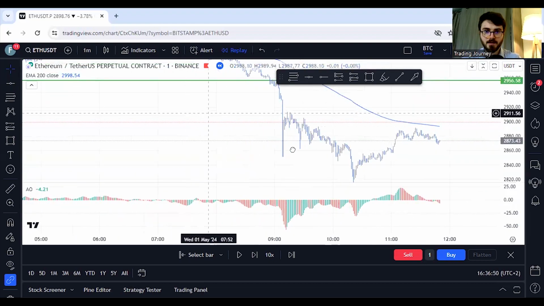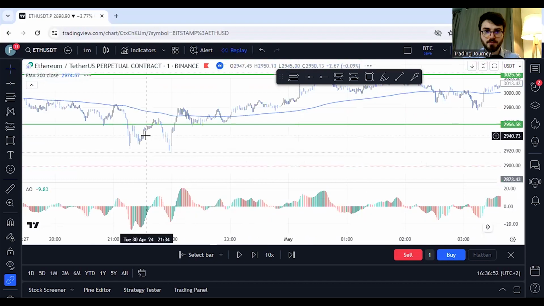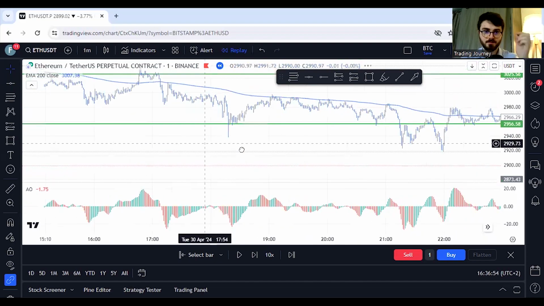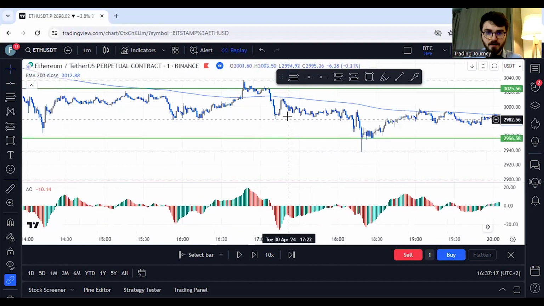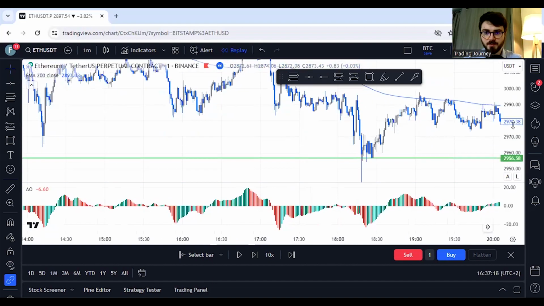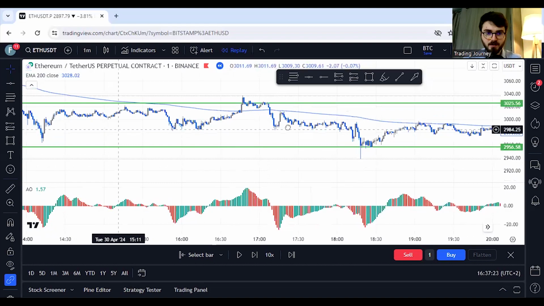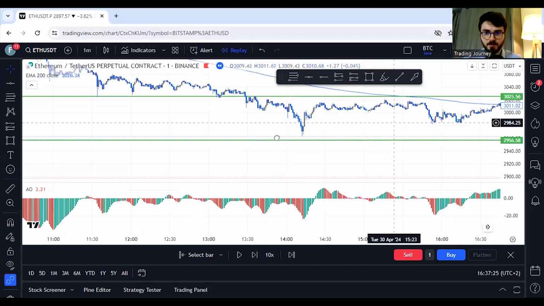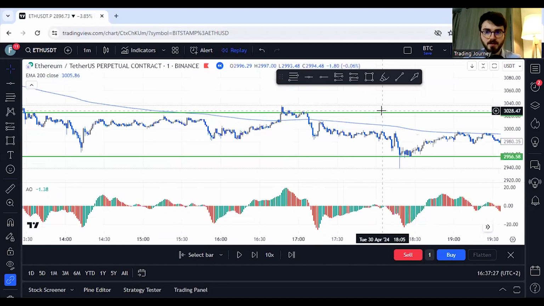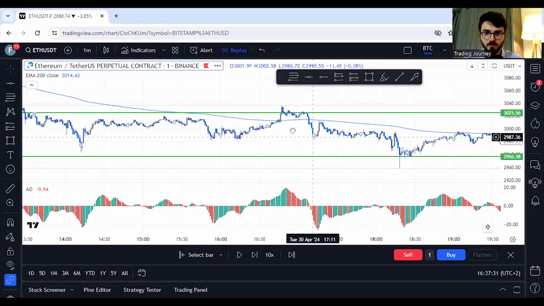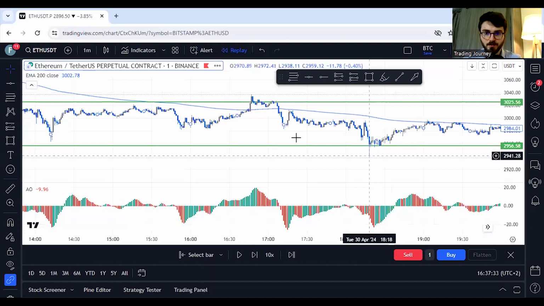Now let's try to go back in time and find more examples with support and resistances. So for example, here I found another pretty good setup for a trade. We see that we've been bouncing around these two supports. I drew this from the 15-minute time frame. And here we have a first low and then a lower low on the price.